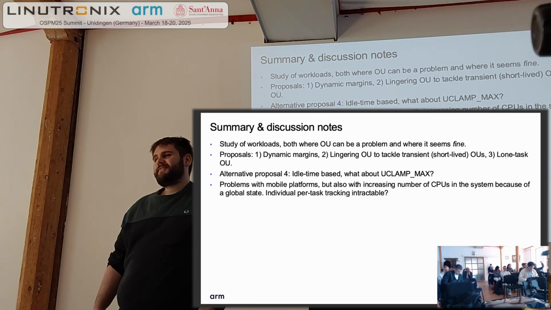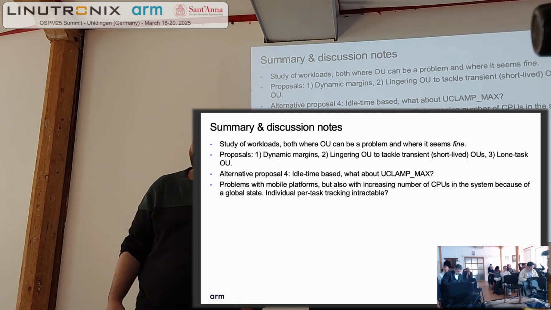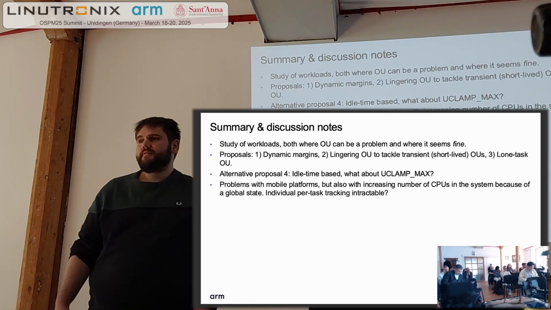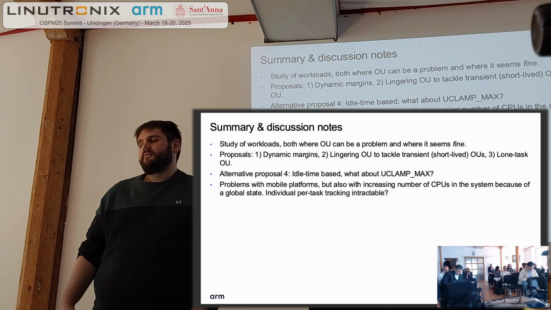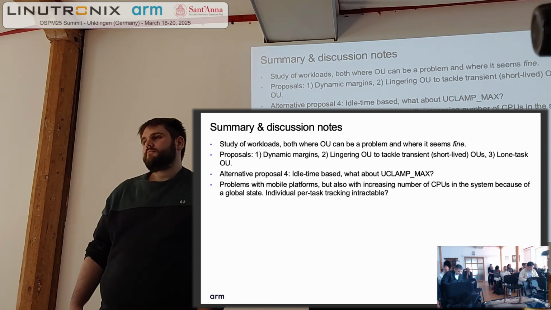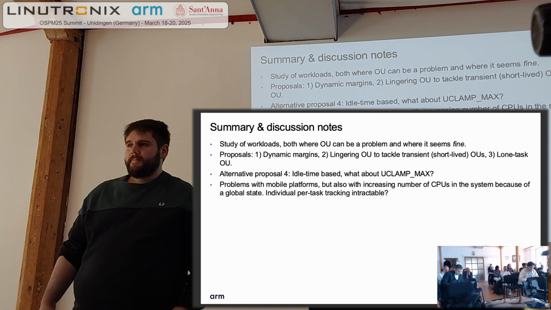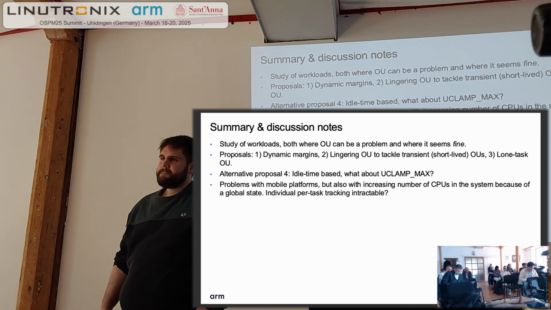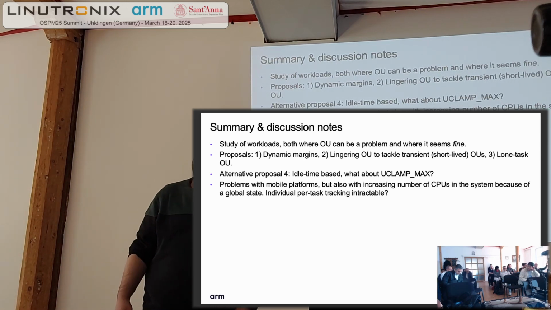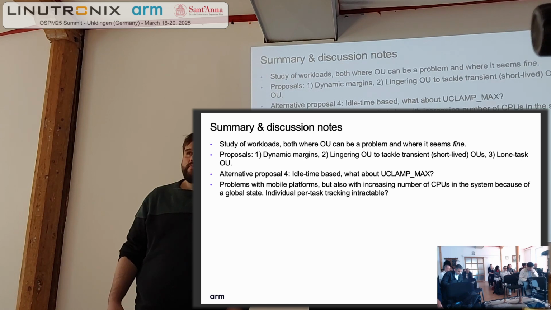But ADPF could just disable the top OPPs if it doesn't think it needs them, and if it's running Fortnite or whatever, you could enable them. I don't know, it's just an idea. The point is that the goal is to say this task doesn't need more than this performance level, and I don't care how long it will run. I just want to make sure I will not burn power uselessly. So we can disable OPPs, but in this case you need to be able to fully partition your system, saying the little cores will be used only for those background tasks, and you can even disable some OPPs. I'm not sure whether that is the case used by Android.